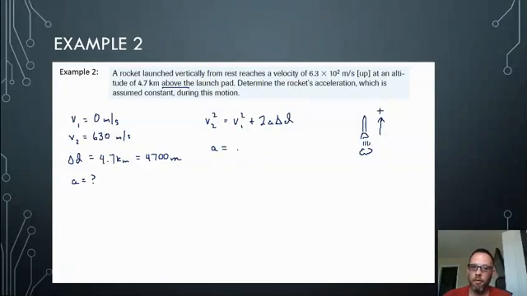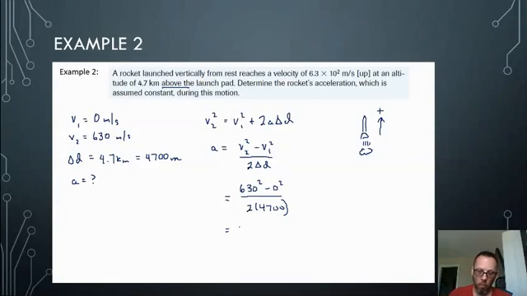For most of us, with the level of math we've done, this shouldn't be too onerous of rearranging a formula. We're going to bring the V1 squared over by subtracting it. And then to get a by itself, we would need to divide by 2 delta d. And we're ready to go. So V2 squared, so 630 squared minus 0 squared, all over 2 times 4,700.